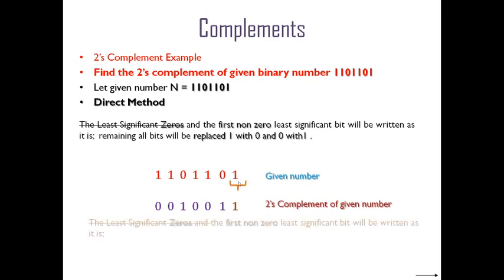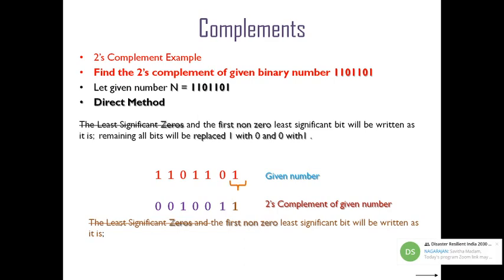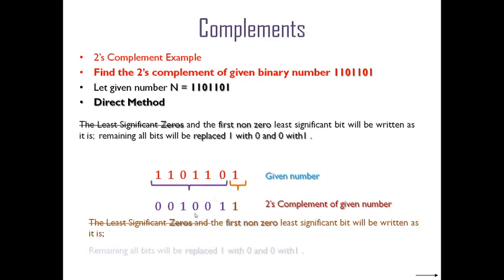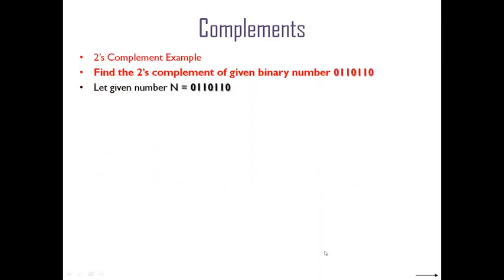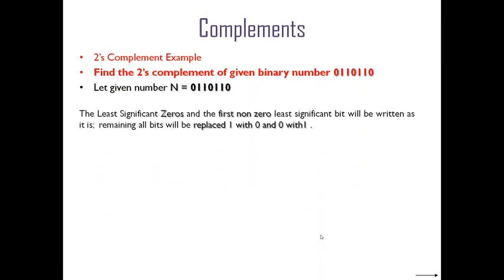So the procedure: the least significant 0 is not there, that means it is not necessary here. The first non-zero least significant bit will be written as it is. The remaining bits will be written just by replacing 1 with 0 and 0 with 1. Like this we will find out. So one more example.